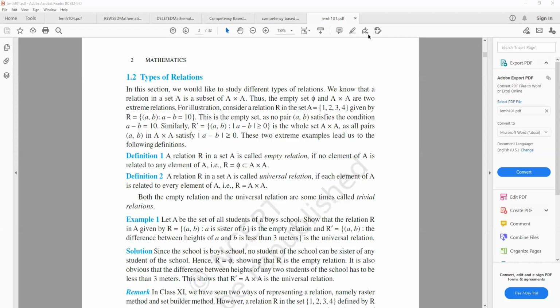Okay, now here what we are going to discuss in this chapter, different types of relation. You can see this, different types of relation. Very simple things I will explain with this textbook itself. Type of relation, first of all, we will discuss two things.